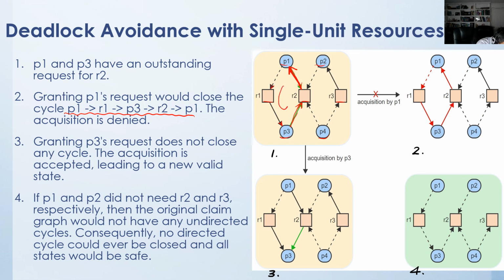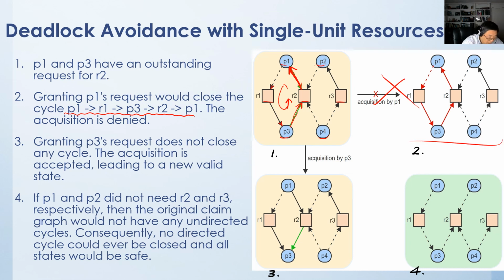So there's a circle here, a closed circle. So there's a potential for deadlock in this case. So we will deny the acquisition. Okay, so this acquisition will be denied.